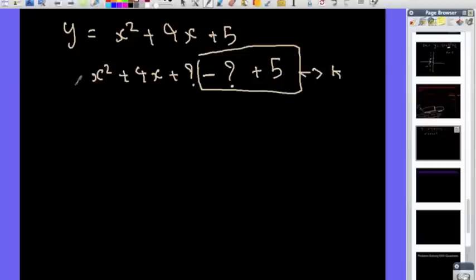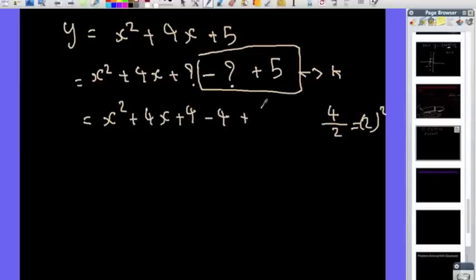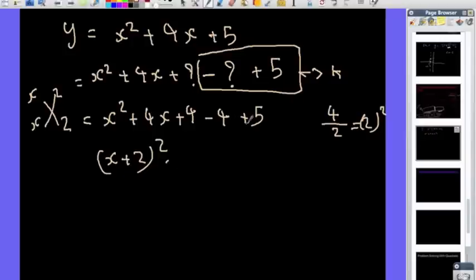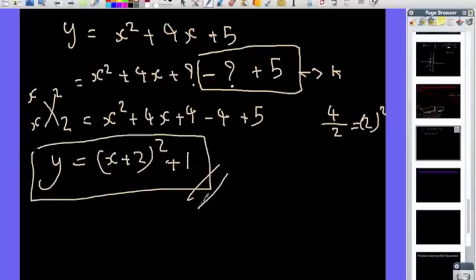Now we take b, which is 4. 4 divided by 2 gives you 2, and when you square it, you get 4. So it's x squared plus 4x plus 4 minus 4 plus 5. Let's factor it down: x and x, 2 and 2, so it would be x plus 2 squared, and minus 4 plus 5 is plus 1. So this is the answer. It's not that hard.